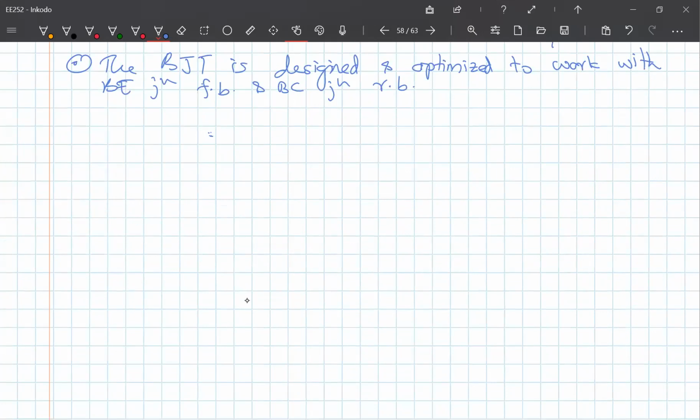Okay, so that's about the active linear range, which is the most useful one in terms of amplification. If you want to use it as an amplifier, this is how you should use it. Number 3 is the last mode, which we call the saturation mode, in which case both base emitter and base collector junctions are forward biased.